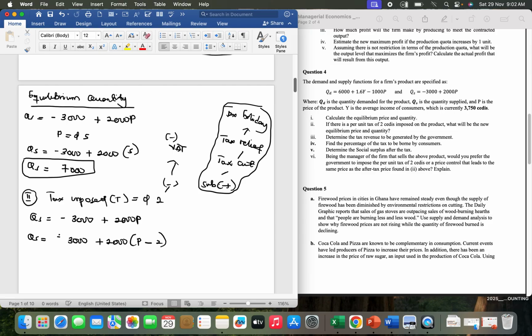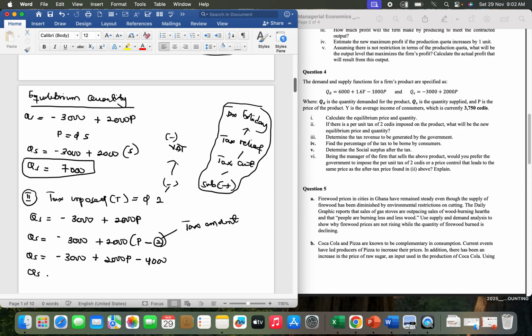The 2 is the tax. So QS is equal to minus 3000 plus 2000 times P, that is 2000P, and 2000 times 2 is minus 4000.